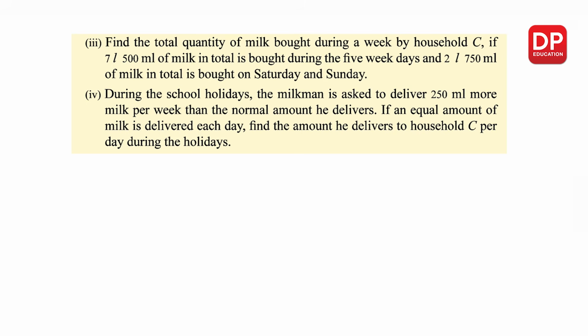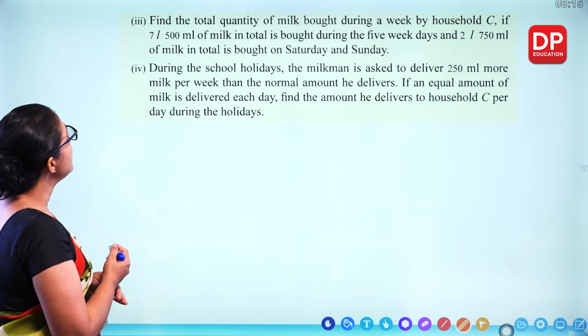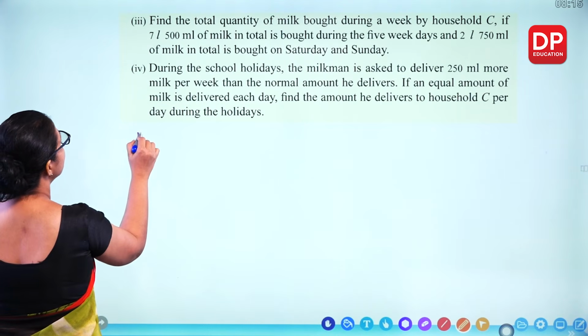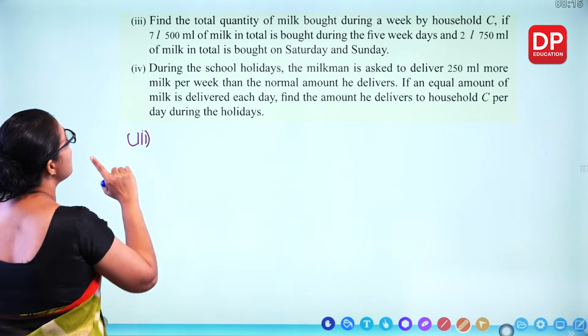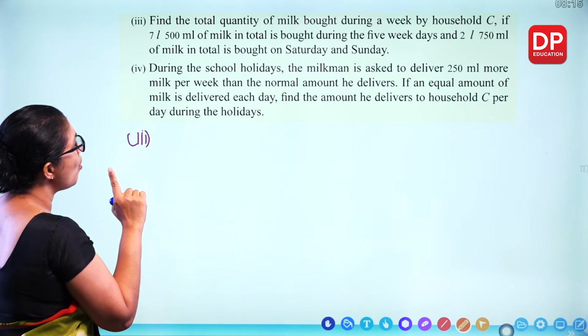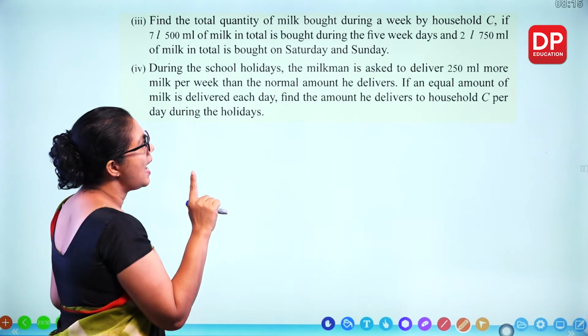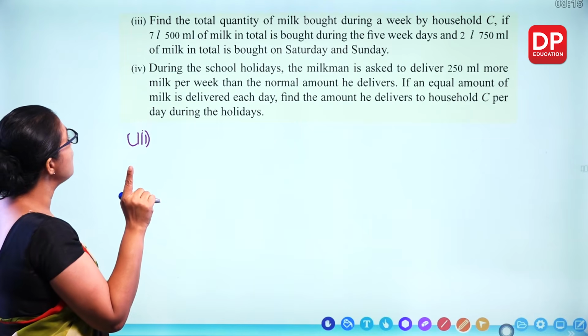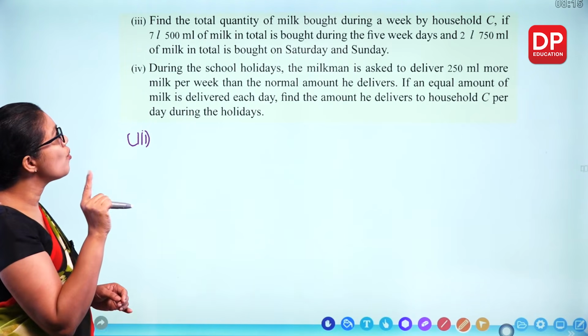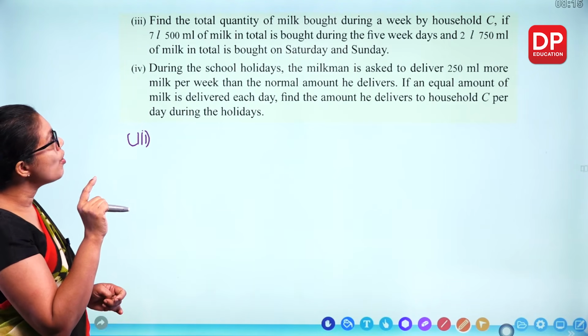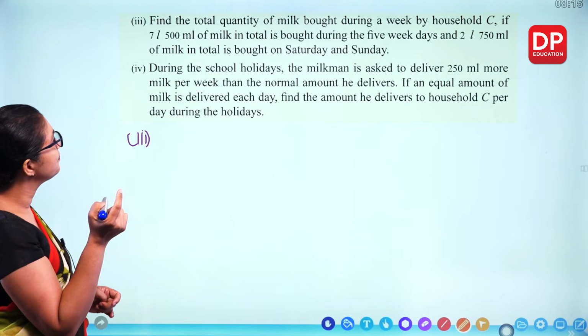Part 3. Find the total quantity of milk bought during a week by household C if 7 liters and 500 milliliters of milk in total is bought during the 5 weekdays and 2 liters 750 milliliters of milk in total is bought on Saturday and Sunday.